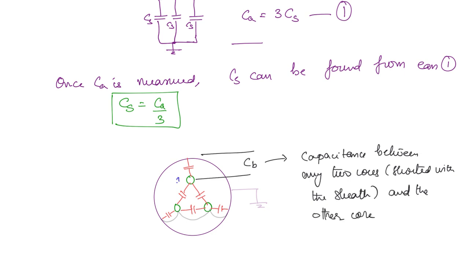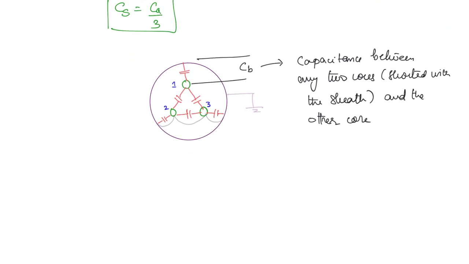So if you mark these conductors as 1, 2 and 3, 2 and 3 are at ground level, 1 is at a separate level, right? So 2, 3 are at ground and 1 is separate. The capacitance between conductor 1 and ground you can draw here. What will be that value? CS. And these other capacitors will be shorted anyway.